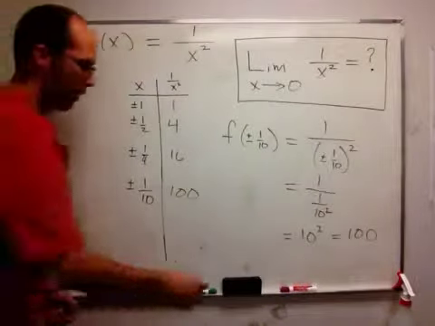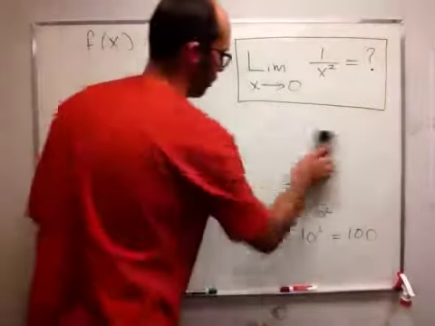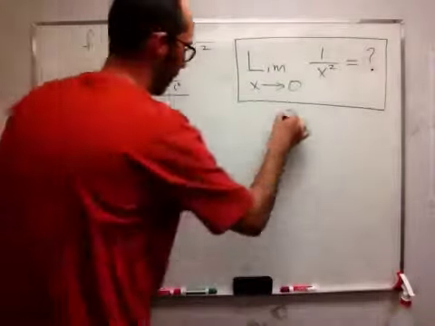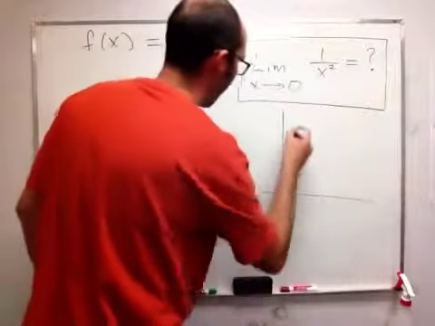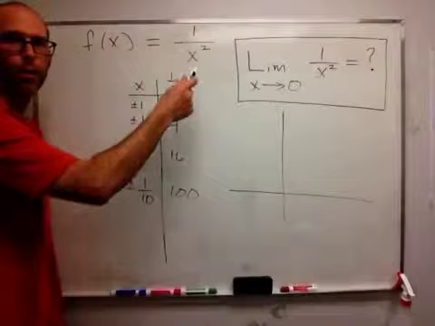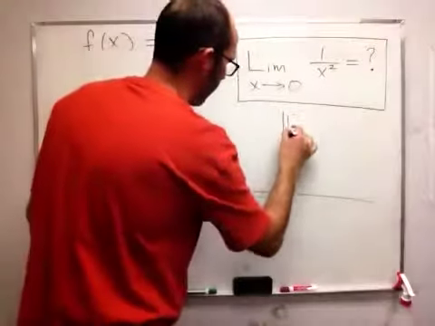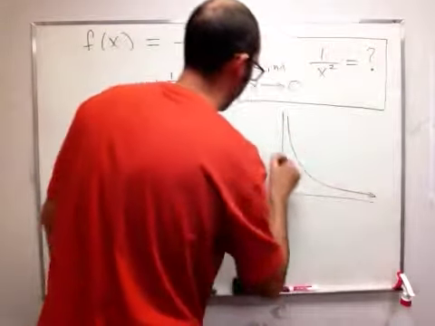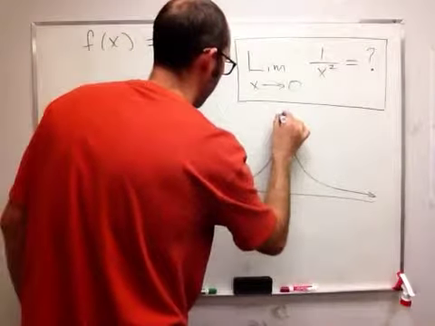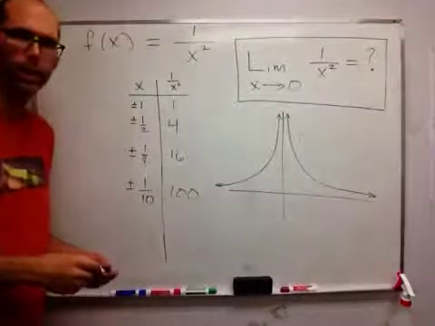So now, this should help you get your mind wrapped around what I'm going to do here, and that is draw the graph of f of x equals 1 over x squared. It looks like so. And now think about that.